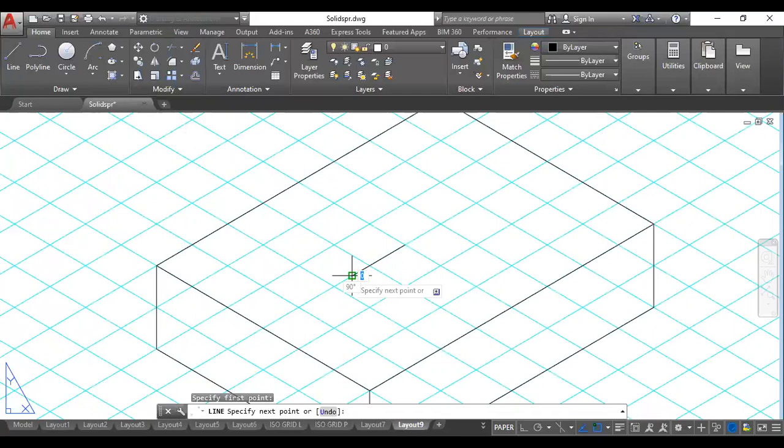From here to here would be one unit, from here to here 2 units. So 22 means approximately a little bit further, not too much.